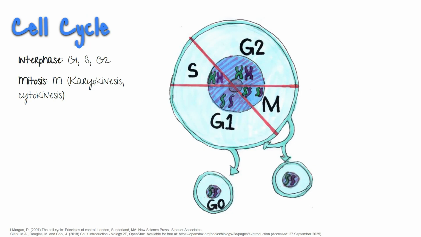For example, in early embryological development, the divisions are so fast the cycle skips over the G's and goes straight to S and mitosis repeatedly. Also, in cell populations like nerve and muscle cells, there's an additional stage called G0 where cells arrest. Each cell cycle phase also has checkpoints.